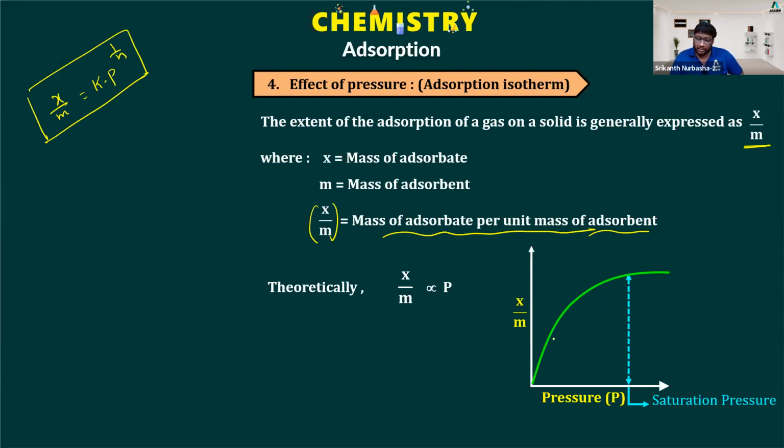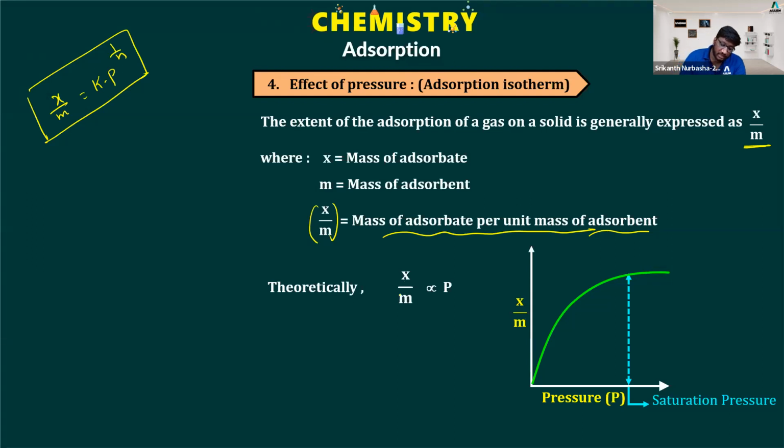You can observe the same curve under three different conditions: at very low pressures, at moderate pressures, and at very high pressures. At very low pressures, it looks like a straight line. At moderate pressures, you will have a curve. And at very high pressures, it becomes independent of pressure.